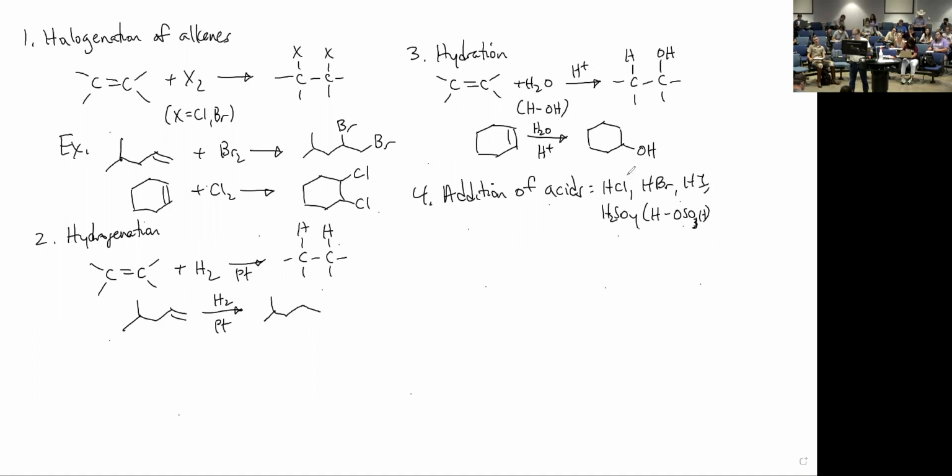And as you can imagine, it really doesn't matter which one of these you choose. You can already see, I think, what's going to happen. We're going to add essentially HX, and we'll say X equals Cl, Br, I, or bisulfate.